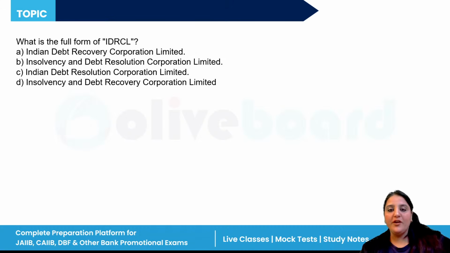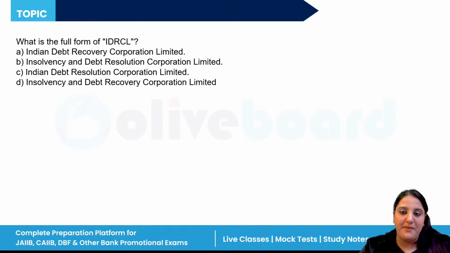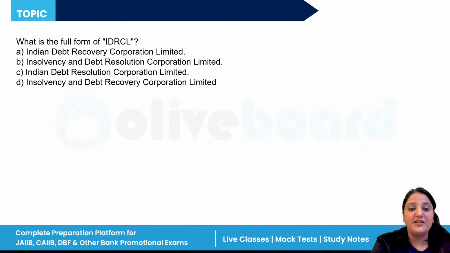It stands for India Debt Resolution Company Limited, which is a service company that manages and resolves the stressed assets acquired by National Asset Reconstruction Company Limited, which is India's bad bank. So option C is correct.